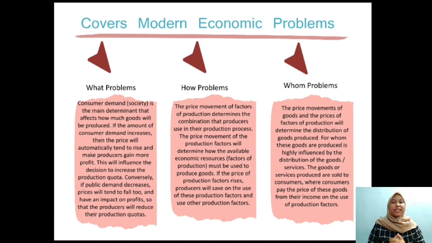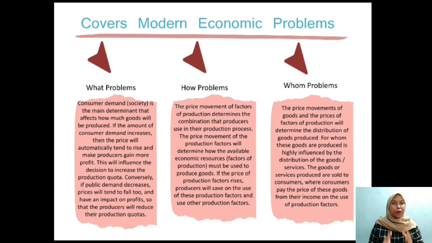This will influence the decision to increase the production quota. Conversely, if public demand decreases, prices will tend to fall too and have an impact on profit, so that producers will reduce their production quota.